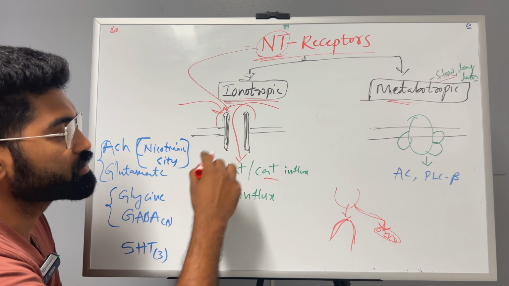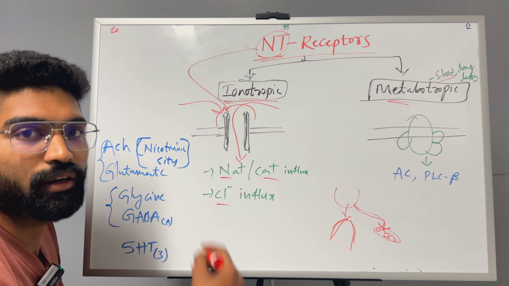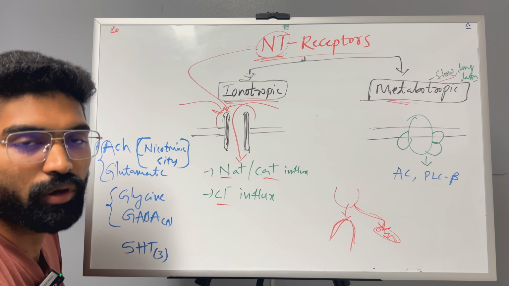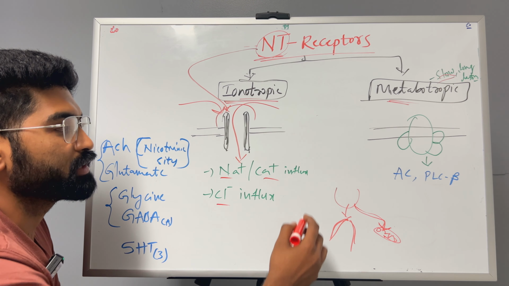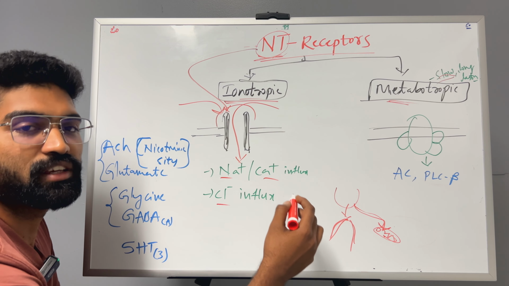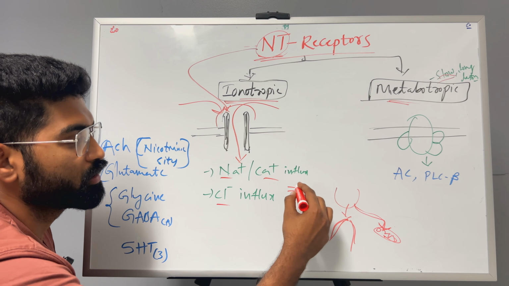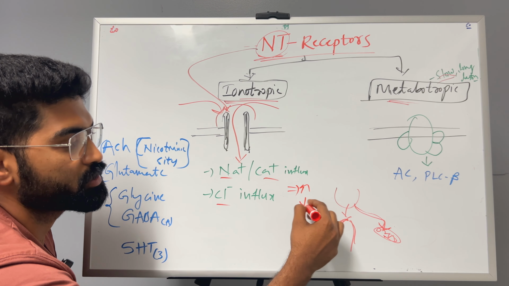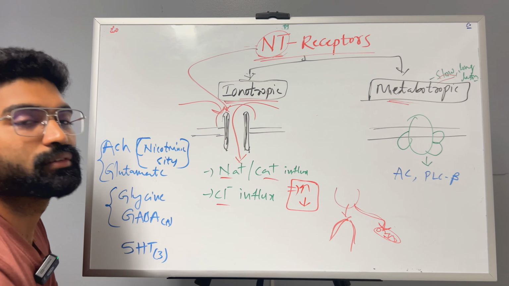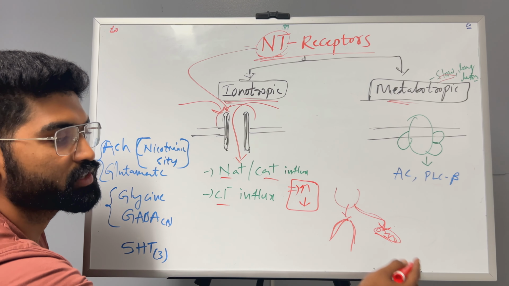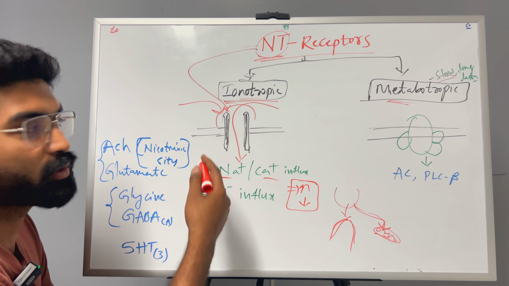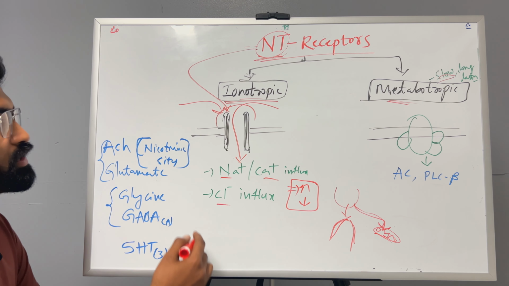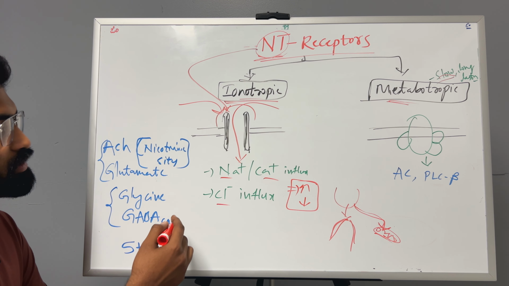Once these ions come inside the neuron, there will be either excitation or inhibition. Then the effector organ will show its effect based on the neurotransmitter.